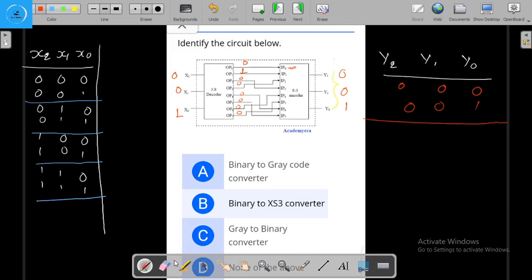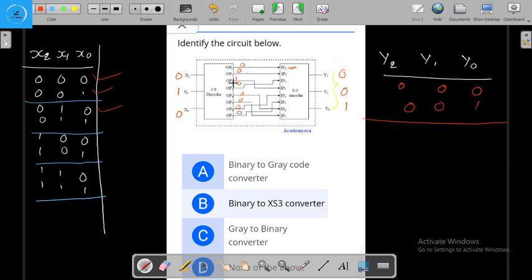Then our last input we have calculated for this. Now we are going for 0 1 0. What will be our output for 0 1 0? This will be activated, and the rest will be equal to 0. So op2 will be activated, rest will be equal to 0.